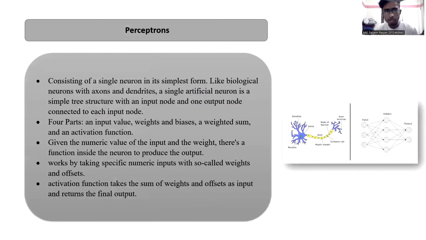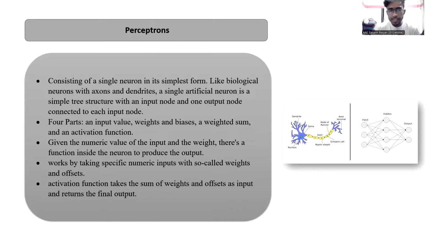First of all, the perceptron consists of a single neuron, the simplest form, like biological neurons with axon and dendrites. A single artificial neuron is a simple structure with input nodes and one output node connected to each input node. There are 4 parts: the input node, weights and bias, the weighted sum, and the activation function.